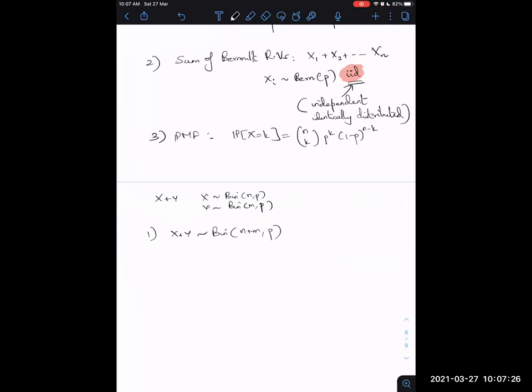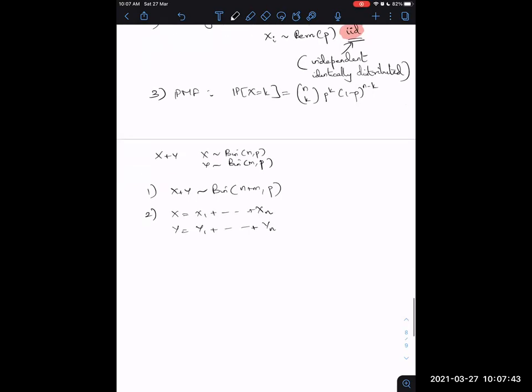All right. Now let's look at the second way. Second way is just representing x using the corresponding Bernoulli random variables, and y can also be represented using Bernoulli random variables. All right. So now what do we do? X plus y is just x1 plus and so on, add all of these together, i is equal to 1 to n, i is equal to 1 to m.